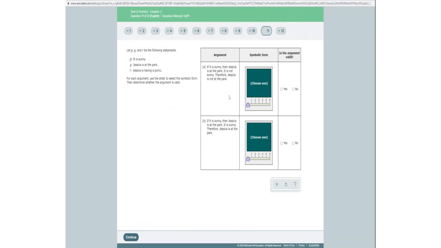So what do we have here? Oh, they're letting us choose it. So if P, then Q. That one fits, but the second premise is a negation.